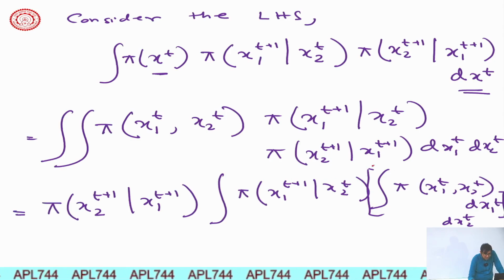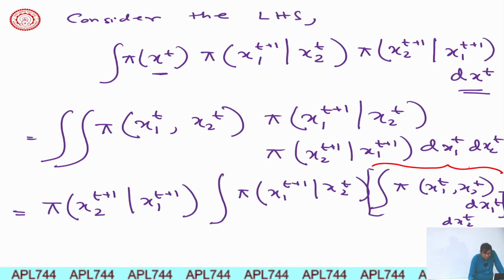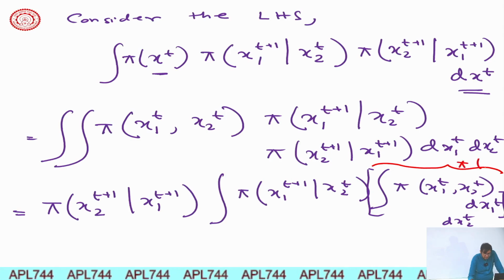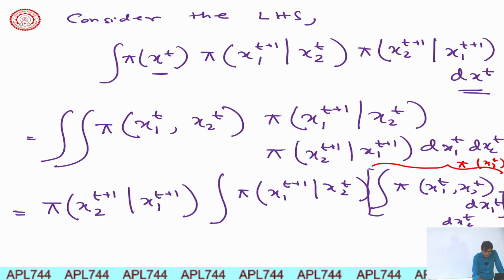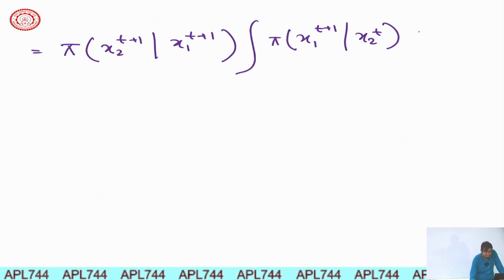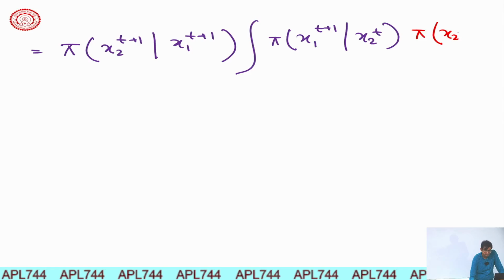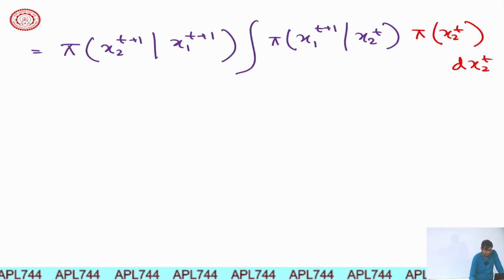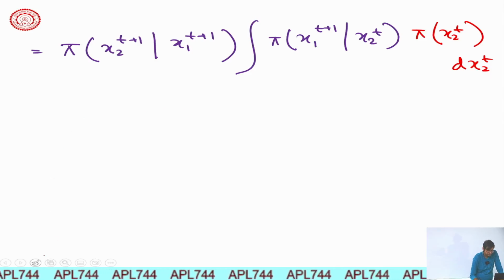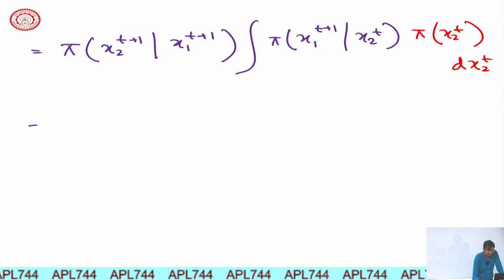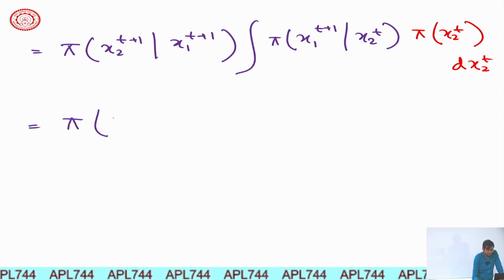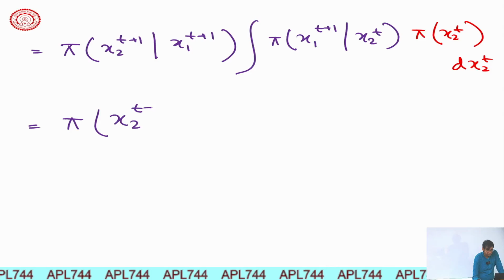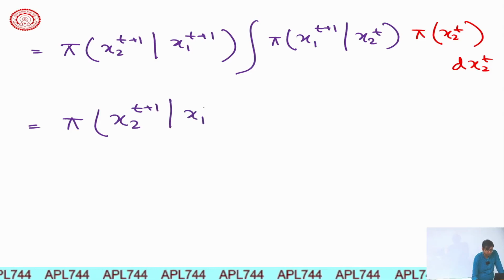This whole thing that you see is equal to pi of x2 t. So multiplied by pi of x2 t and then d of x2 t. This is equal to pi of x2 t plus 1 given x1 t plus 1.